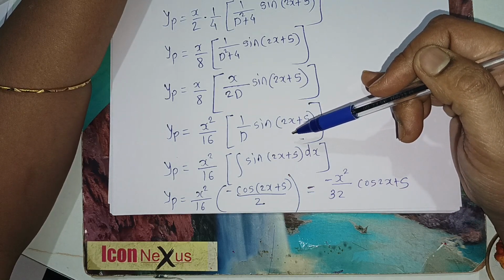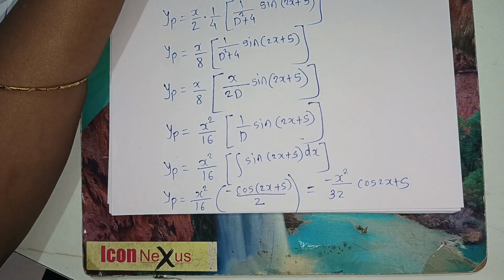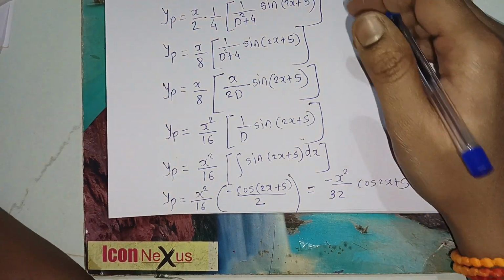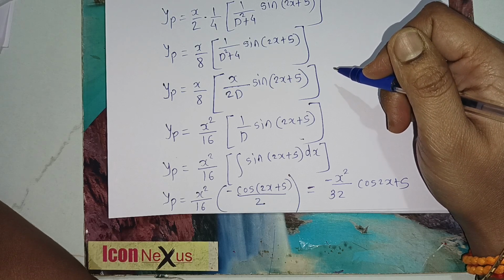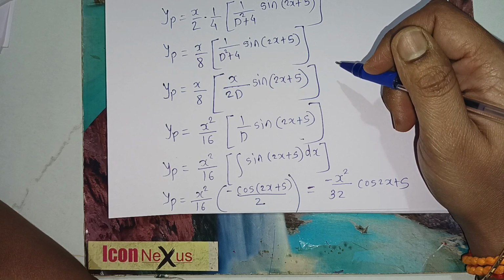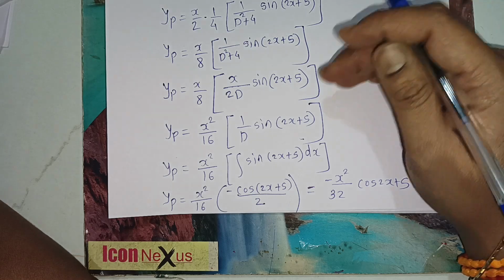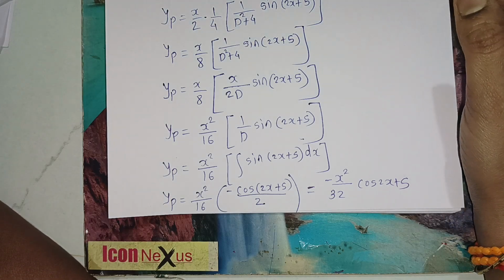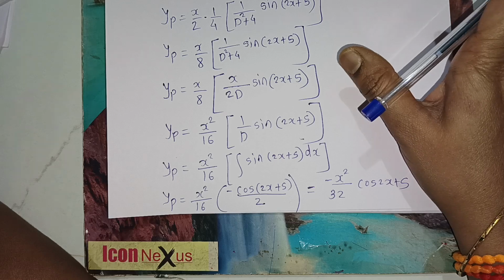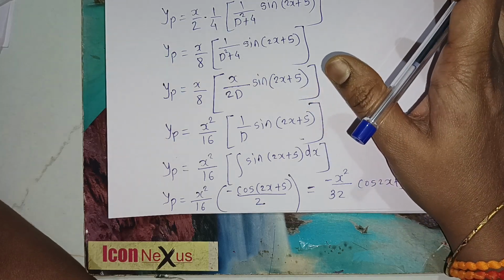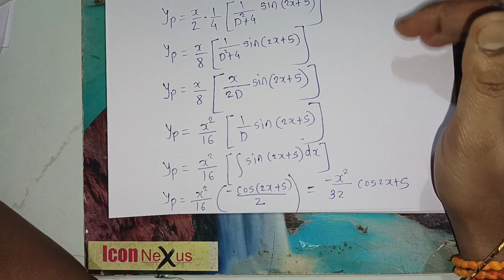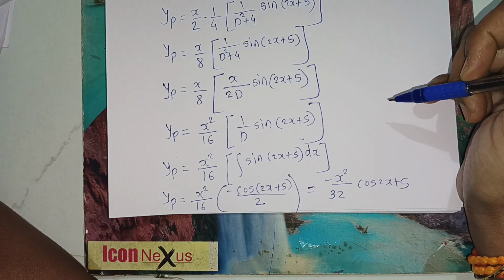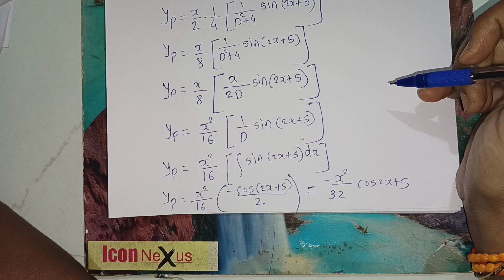Now this problem is lengthy, but you don't have to remember a lot of formulae in this case. Okay, you only have to remember one formula, and that is shortcut case 2 for sin ax plus b or cos ax plus b. And if you do all these calculations step by step precisely, then you will definitely get the calculations correct.